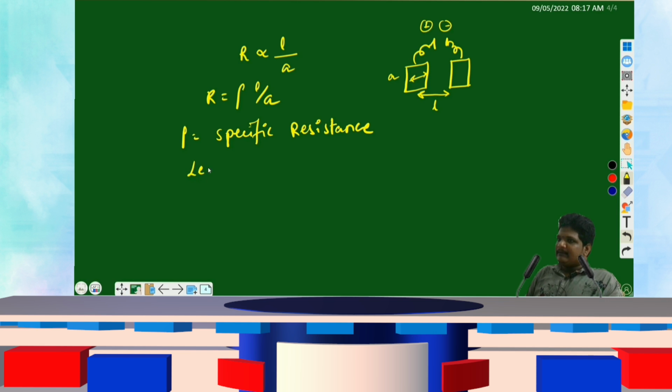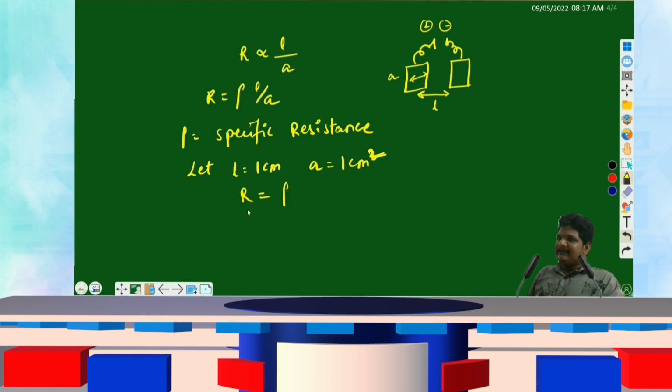If the two electrode plates are separated by a length of 1 centimeter and the area of the cross section is 1 centimeter square, then the resistance of this electrode is equal to the specific resistance.